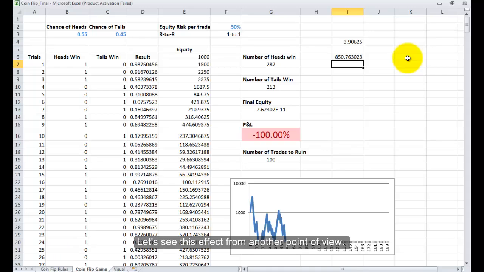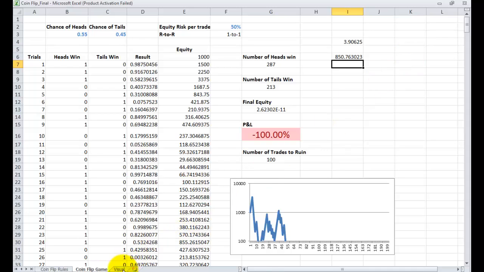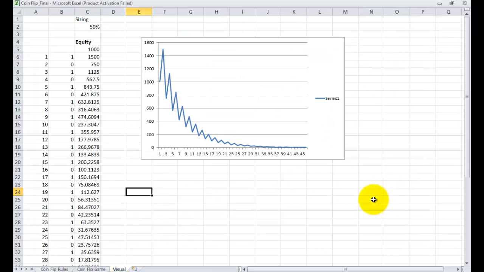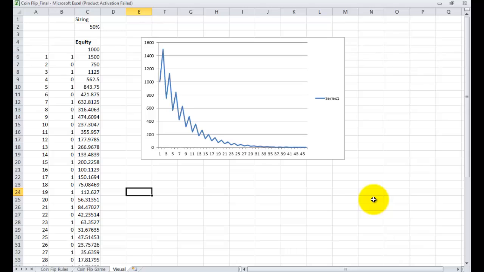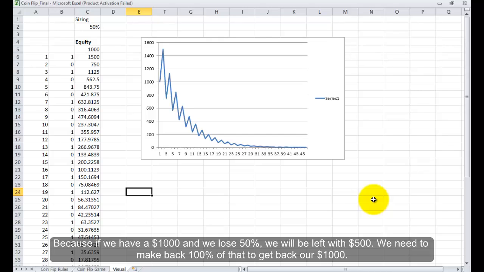Let's see this effect from another point of view. We know that when we lose 50% of our trade, we need to make back 100% to get back to our original capital. Because if we have $1,000 and we lose 50%, we'll be left with $500, and we need to make back 100% of that to reach $1,000 again.